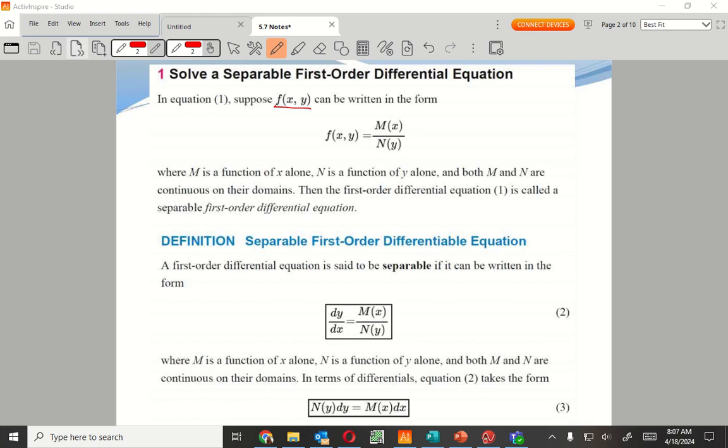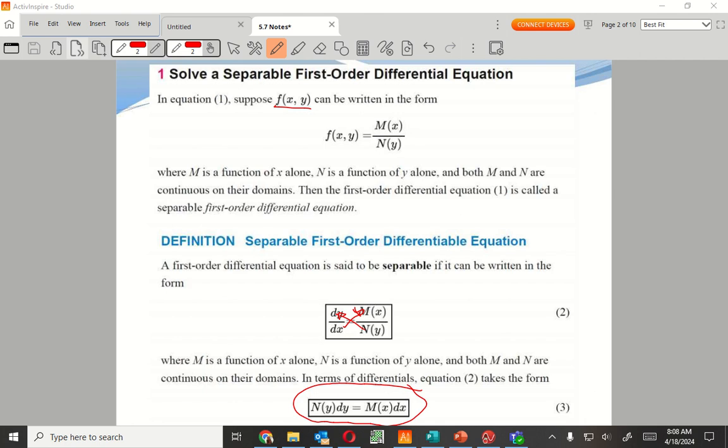So if I'm going to separate this, I cross multiply over here. That turns this to multiply this way, so all my y's are on the left. This is going to go this way, so all the x's are on the right. Remember, the capital letters refer to integration, right?